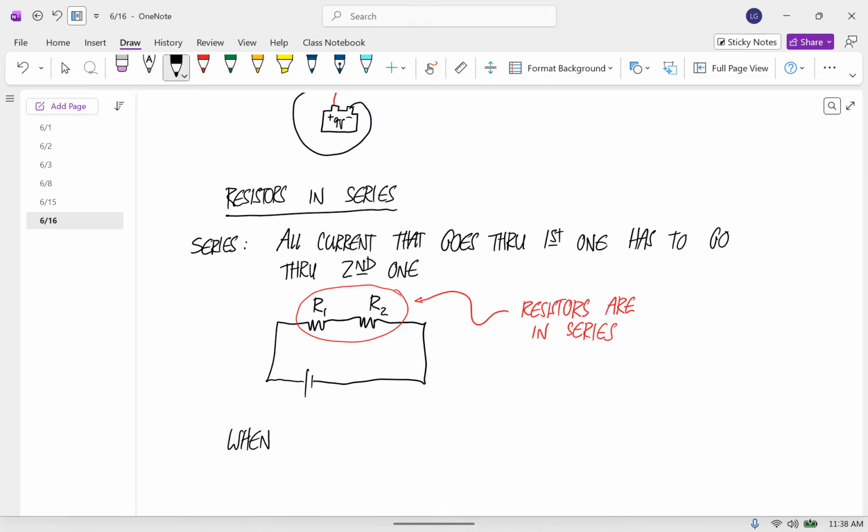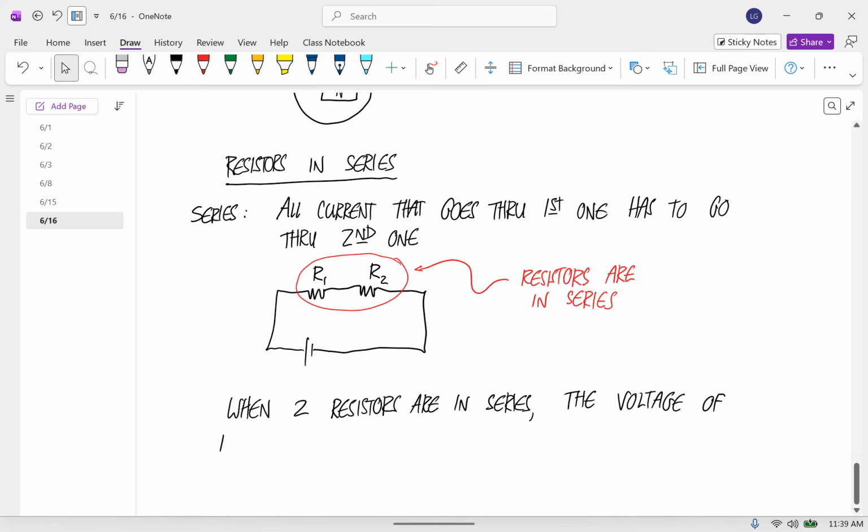So when two resistors are in series, the voltage of the battery is divided between them.